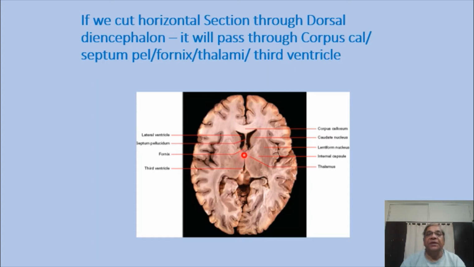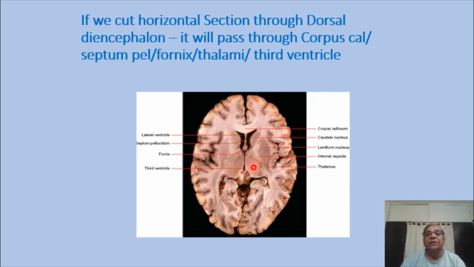In between the two thalami, right and left, this slit-like space is nothing but the third ventricle, which communicates below this fornix with the right and left lateral ventricle. So just locate the position of the thalamus in this horizontal section.